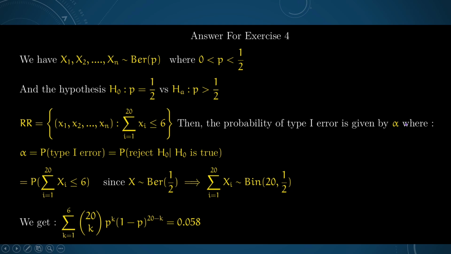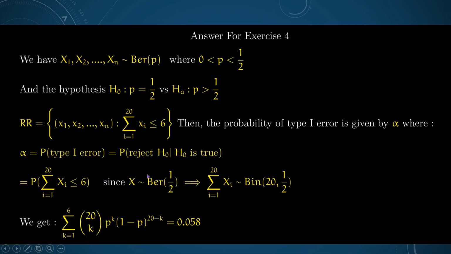Alpha is equal to the probability of type 1 error, so it is equal to the probability that you reject H0 given that H0 is true. When you want to find the value of alpha, it is the probability of type 1 error, meaning the probability of rejecting H0 when H0 is true.